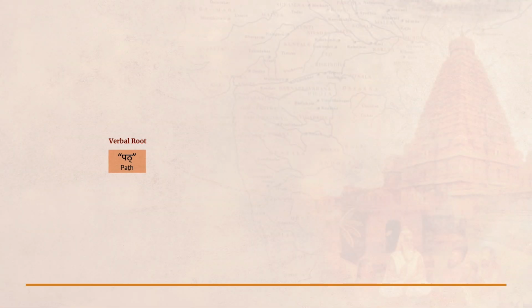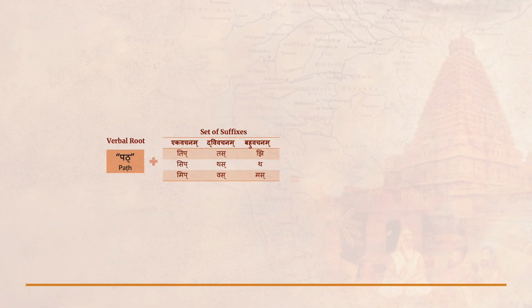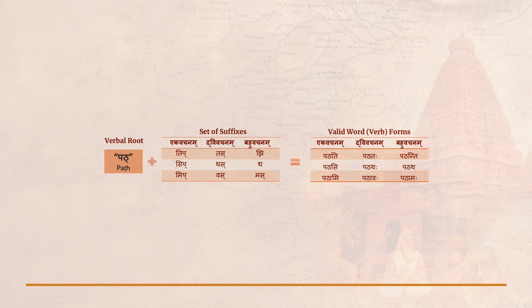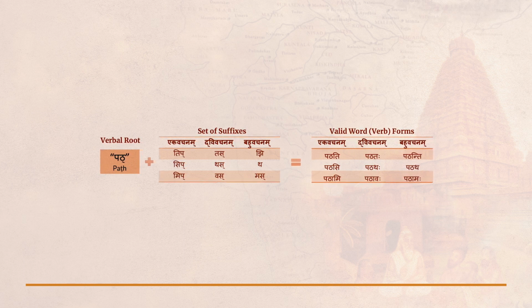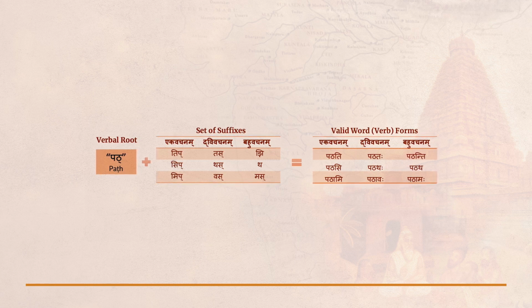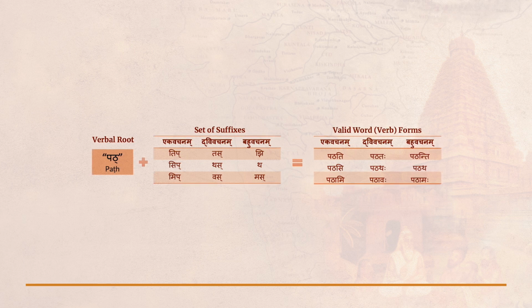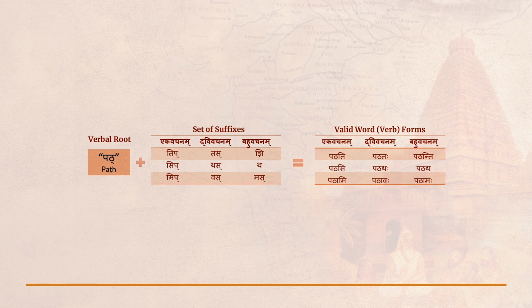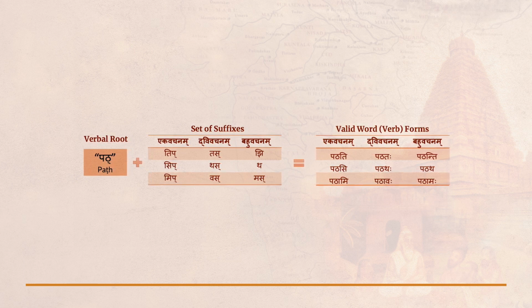The other possibility is, as I told you, let us take a verbal root called Pat. And there are some suffixes available here. Tip is there. So such kind of suffixes, you have what is called vas and mas, like that. There are 9 of them. Here you see 3 into 3, 9 of them are there. So if you add these to them, you get valid verb forms.